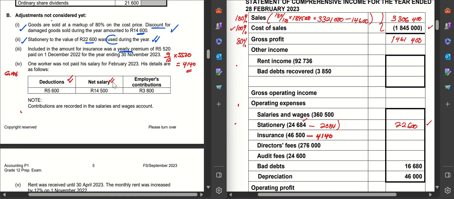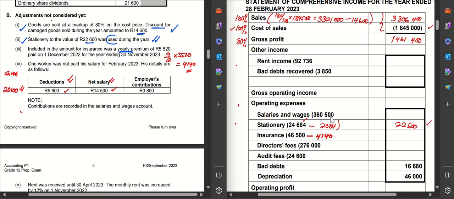So it means if you have net, you add deductions, you should come back to your gross. So in this case, if you say 14.5 plus 5.6, your gross therefore becomes 20,100. That is your gross salary. So that is the first step.